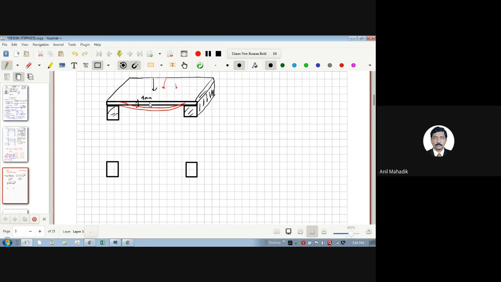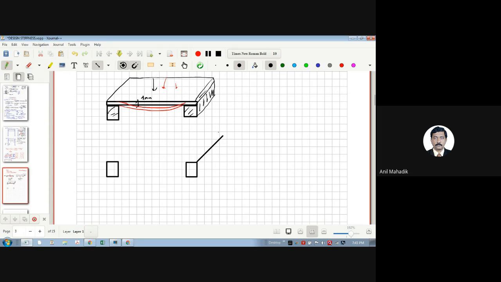See this, I'm using only a 1 mm sheet, and you might have seen our roof structures in steel structures. They are also made up of sheets. But do you see these kind of flat sheets? Have you seen such flat sheets in roof structures? You must have seen in industries.